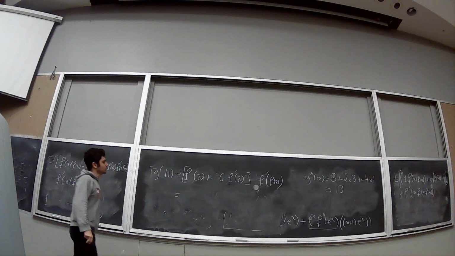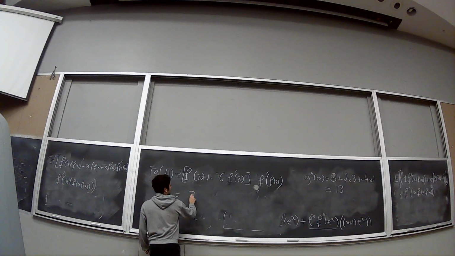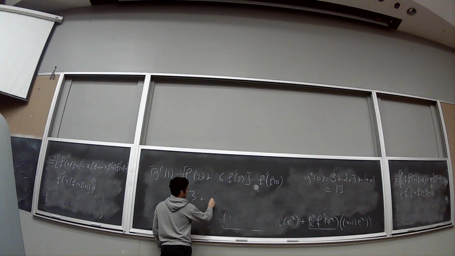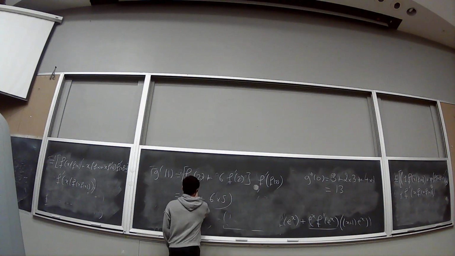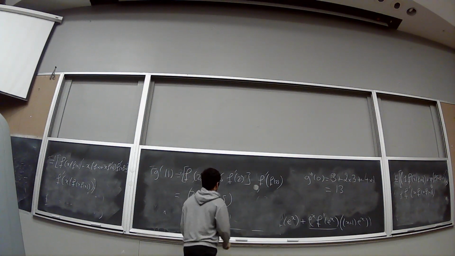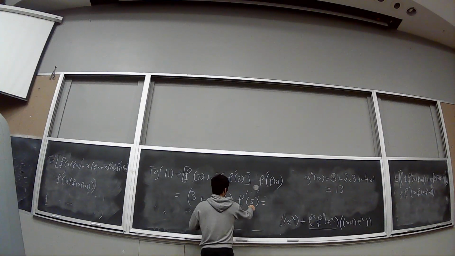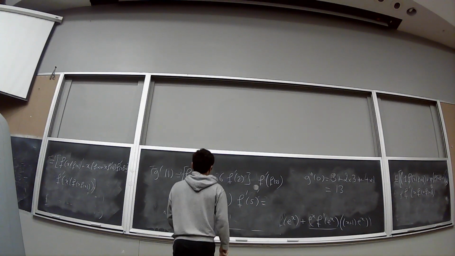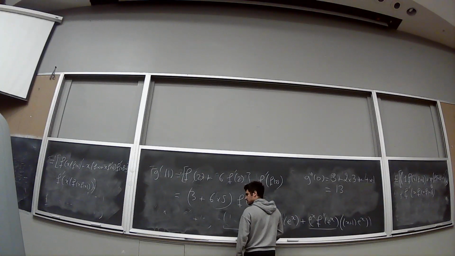What is f of 2 equal to? 3. So it's 3. What is f prime of 2 equal to? 4? 5? f prime of 2 is 5. Plus 6 times 5. f prime of 5 is 6. So it's 33 times 6, right?